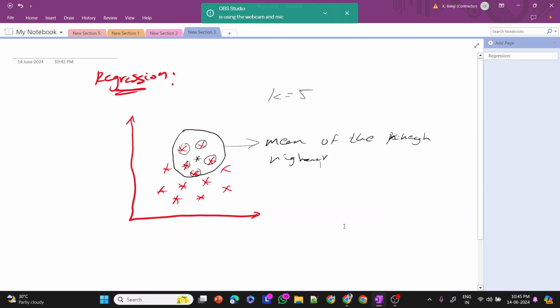And we already saw that this algorithm is mostly affected by outliers. Because whenever we get a new point and need to predict the output for this point, we first need to compute the distance between this new point and the nearest 5 points.